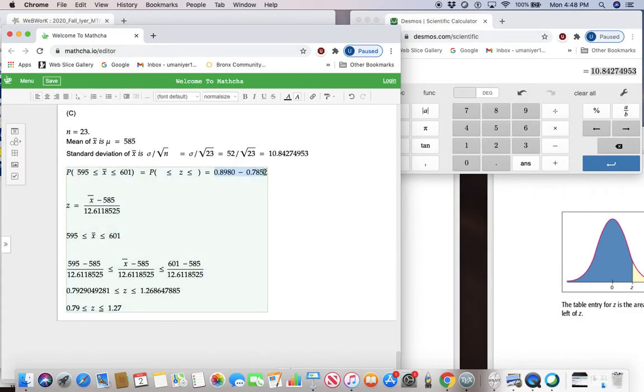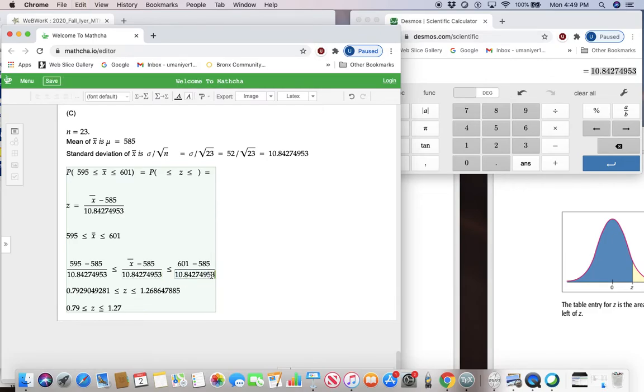Notice x bar minus mu of x bar, and the standard deviation of x bar, which has changed. So it's only the standard deviation which changes when n changes. That means these numbers will change, and these numbers will change.